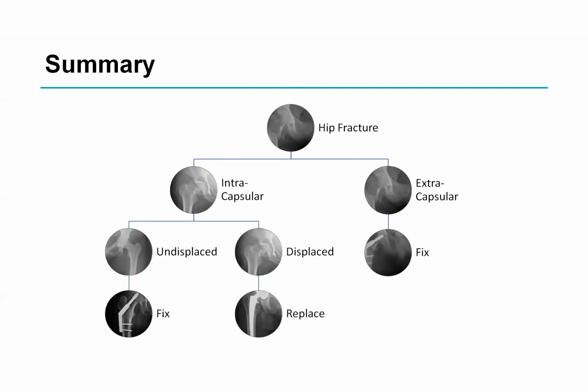The extracapsular ones spare the blood supply, and hence we can fix those, whereas an intracapsular one depends on whether it's displaced or undisplaced. If it's not displaced, then the blood vessels are probably intact and we can fix them. If it's displaced, then we should be thinking about replacing that broken femoral head.